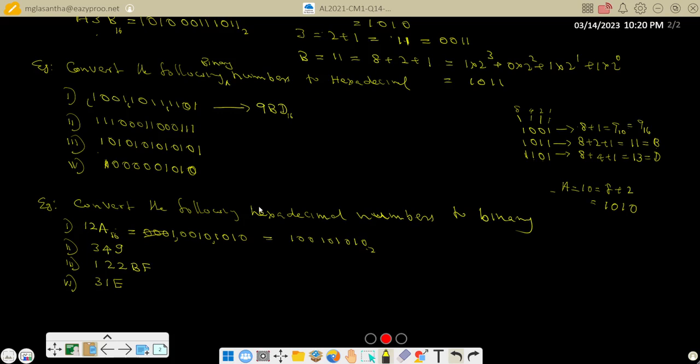Can you show it once again, sir? The second one. This one, 12A. Yes, sir. So how do we find it? What is 1 in binary? 1 in binary is 1. What is the decimal equivalent?